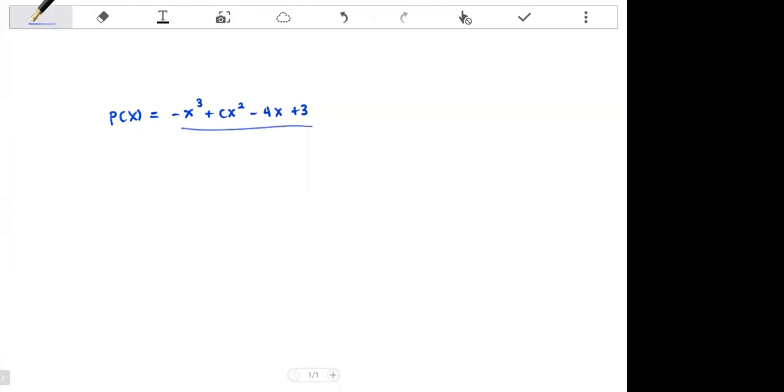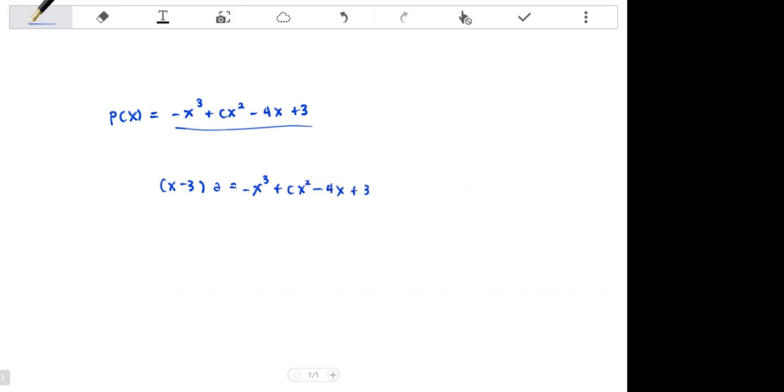So this has to be divisible by x minus 3, x minus 3 times something, let's say a for now.